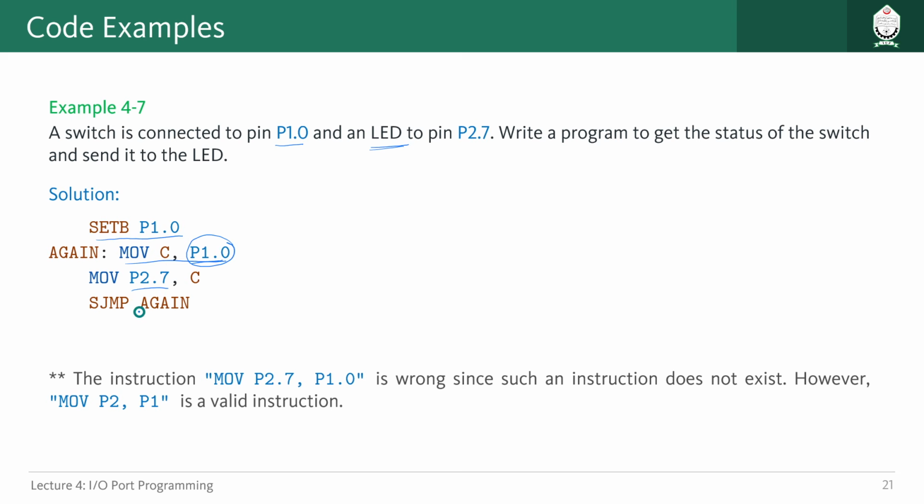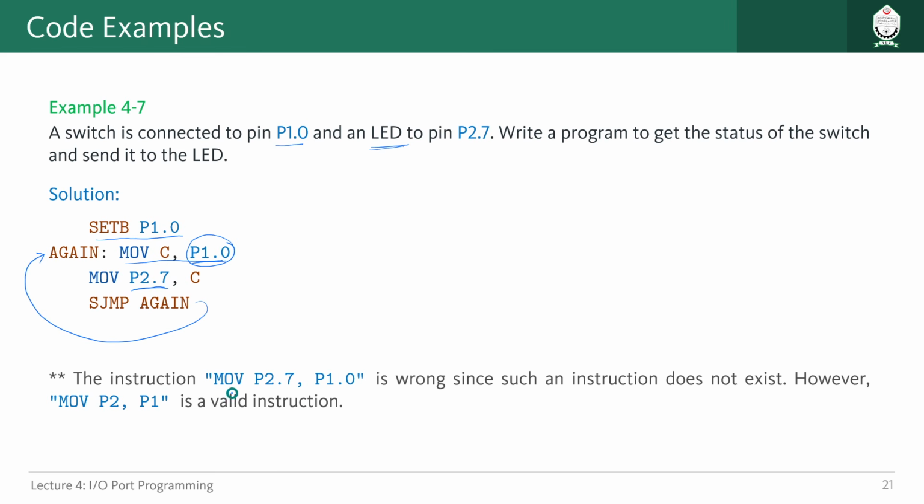So that will be done. In this way continuously we are going to go to this line with the help of a short jump, and every time it will check the condition of pin 1.0 and change the condition of pin 2.7.